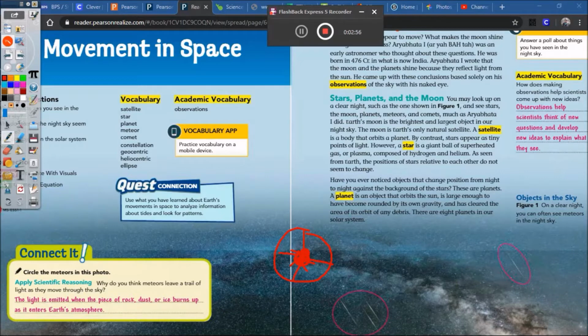That doesn't necessarily mean the larger an object is, the more gravity it has, because how large or how much volume an object has doesn't necessarily mean it has a lot of mass.